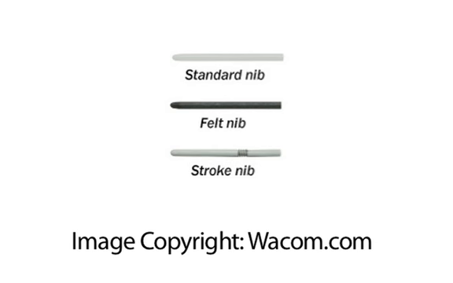You can choose between standard nibs that are made out of polyacetal, or felt nibs that have an increased friction for a somewhat pencil-on-paper feel. The stroke nibs are made for a brush-like feel.